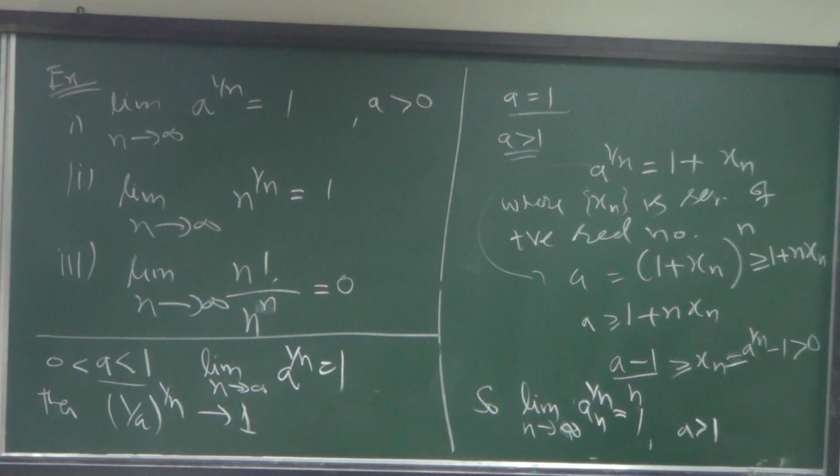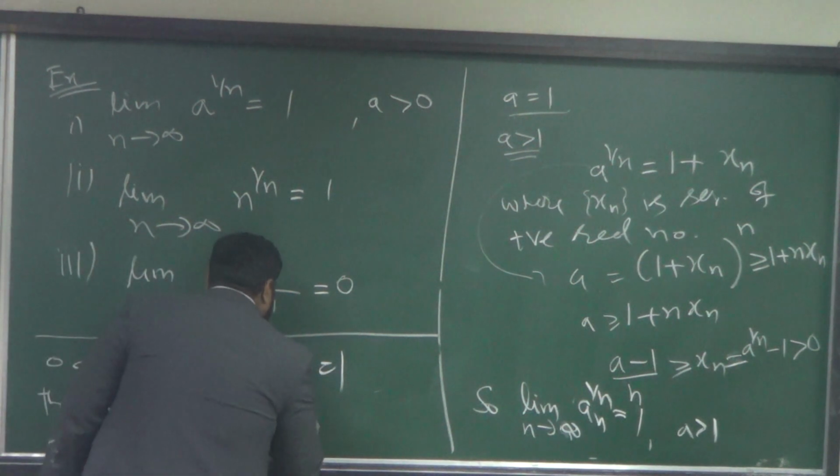So if a is smaller than 1, what can you say about the reciprocal? That is going to be bigger than 1. So 1 over a is a quantity bigger than 1. If I take some quantity bigger than 1 and raise it to 1 over n, and take n to infinity, it should go to 1.